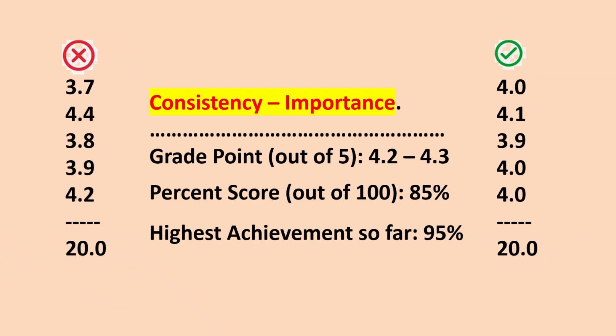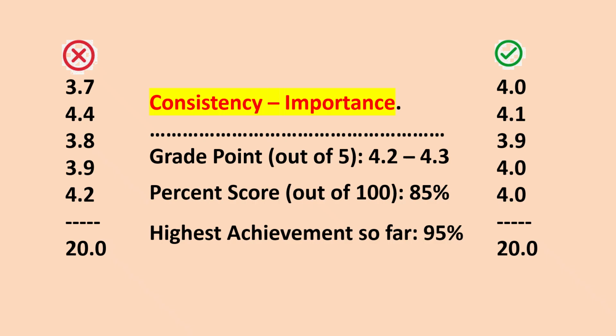Now here, consistency is important. Consistency is very important. We have given the scores of two makeup artists, imaginary, they're not real, hypothetical scores of two makeup artists. On the left side, you can see sometimes 3.7 and sometimes 4.4.